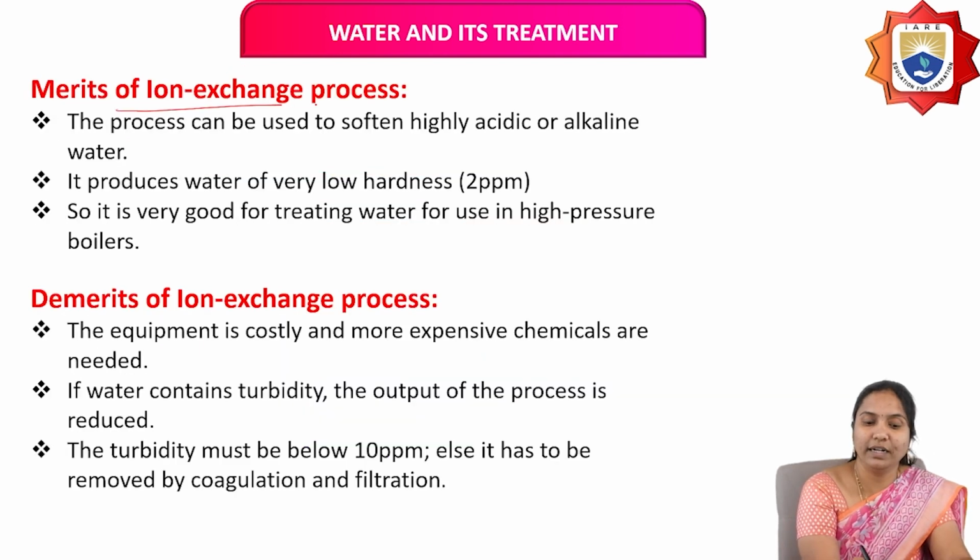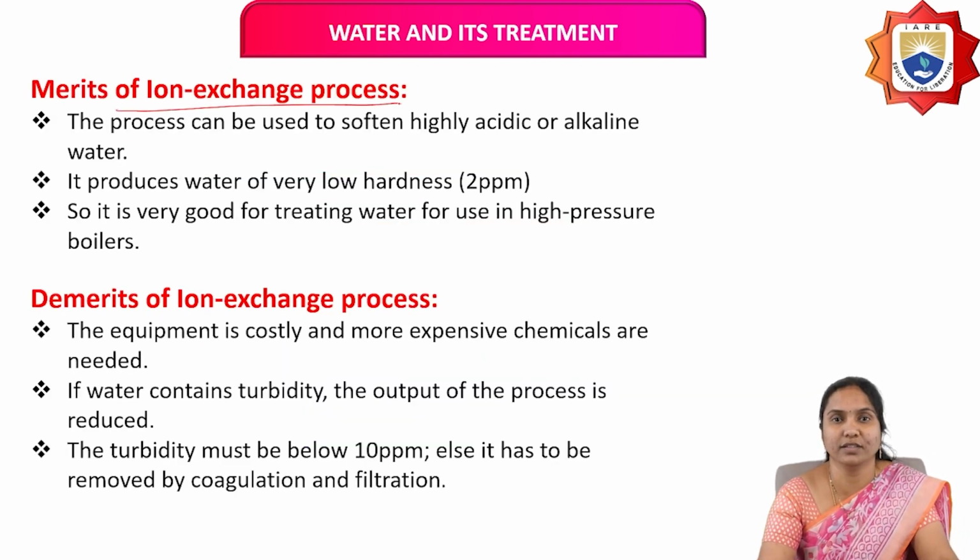So what are the merits of the ion exchange process? What is the main difference between the remaining softening methods and this ion exchange method? The lime soda method and the zeolite process are also used to convert hard water to soft water, but they remove only the hardness causing ions.